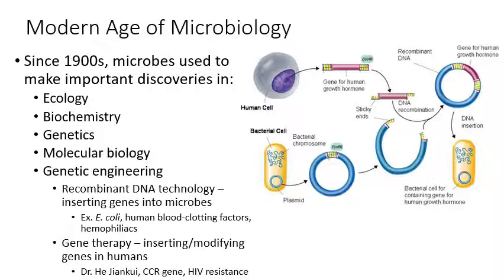We didn't know how to fix it until we were able to do genetic engineering. We were able to take genes for these clotting factor proteins that it turns out hemophiliacs are missing. You put those genes into a microbe, and you make that microbe mass manufacture the clotting factor, and then you can just inject it back into the hemophiliac and their blood will clot normally.